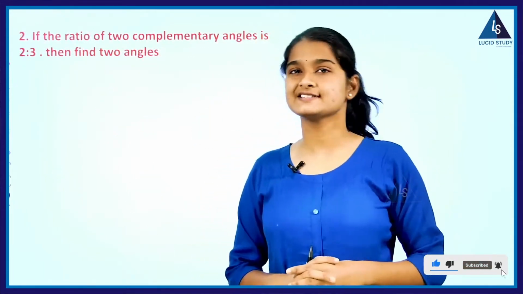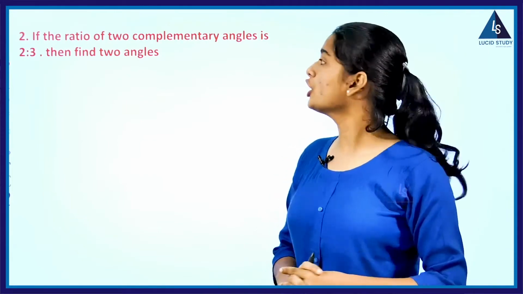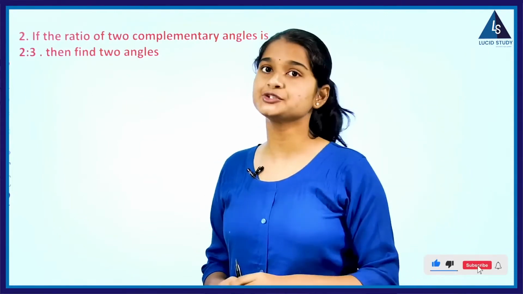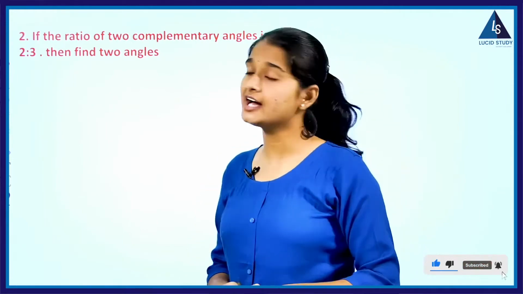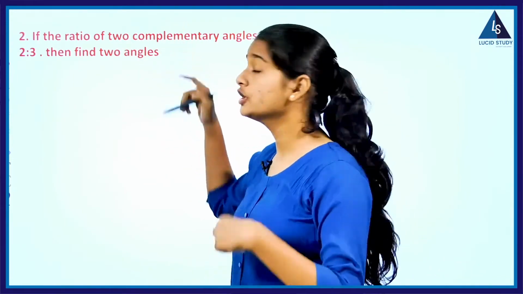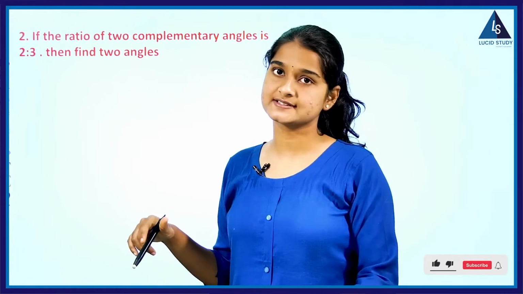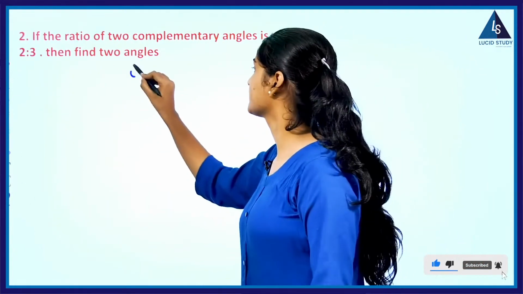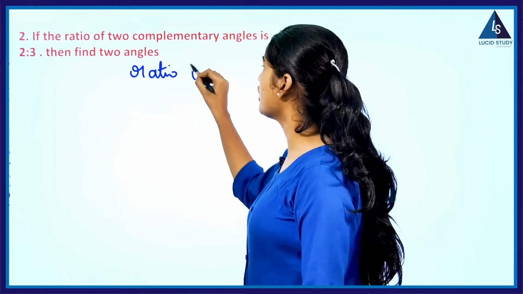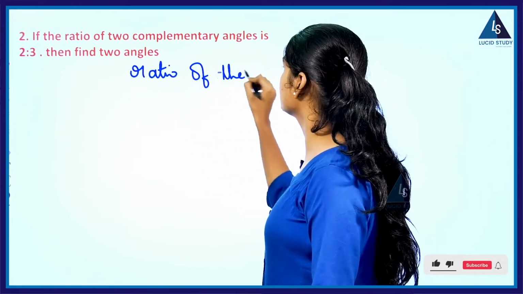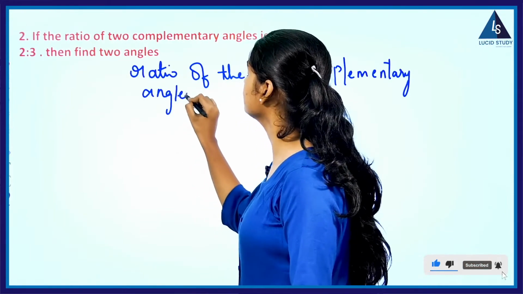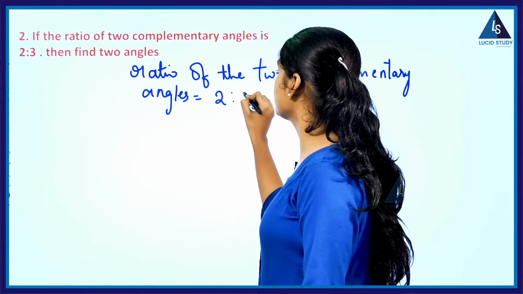So, now here this is the second question. If the ratio of two complementary angles is 2:3, then find the two angles. What do we have here? The ratio of two complementary angles is 2:3.